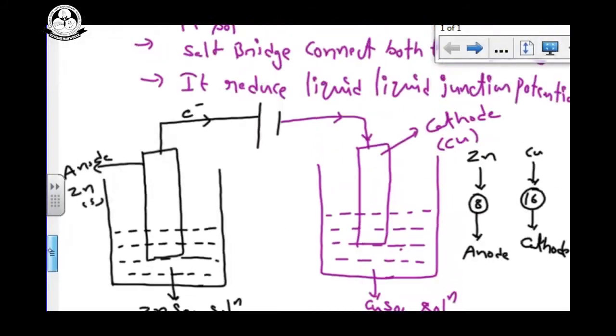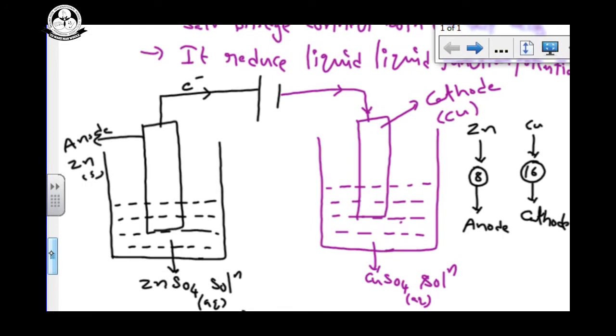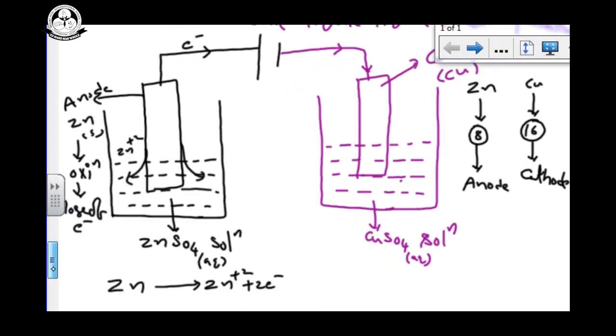Electrons are lost to the outer circuit and zinc ions are coming into the solution. Now after some time, what happened? Observe. Anode is always oxidation, oxidation means loss of electrons.